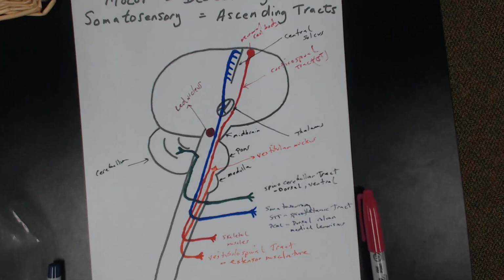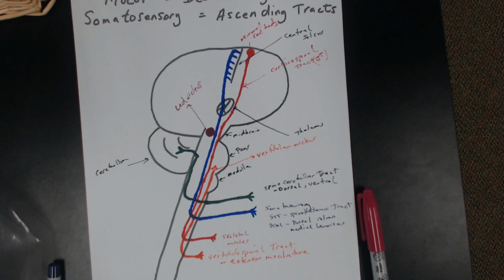That's your red nucleus. So the red nucleus is nothing more than a bunch of neuronal cell bodies that form a nucleus in the CNS proper, and it resides in the midbrain.